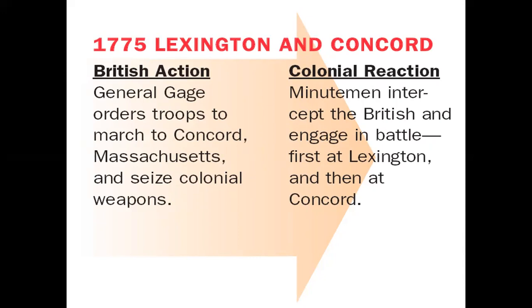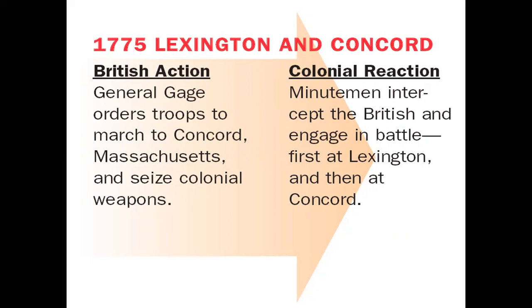So General Gage, the military governor of Massachusetts, centered in Boston, orders, I think, about 700 troops to march out of Boston and head through Lexington to Concord, Massachusetts, to seize the weapons and arrest some of the ringleaders causing unrest by talking about revolution.